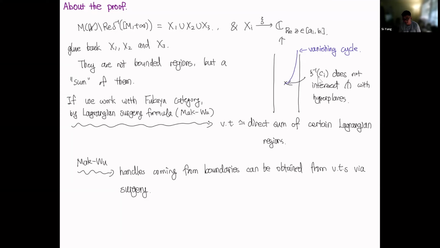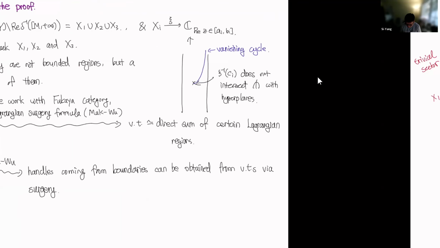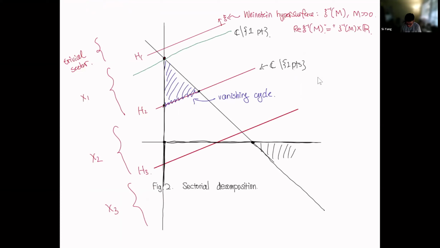But if you work with categories, they cancel due to the surgery formula. And that is the reason why we work with categories instead of working with the topology directly. So this basically finishes the discussion of the generation.